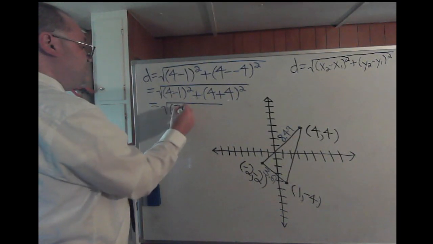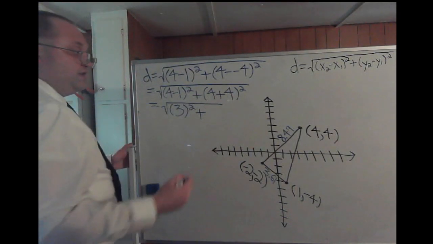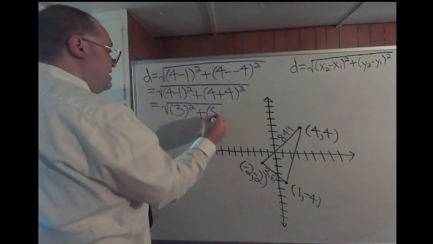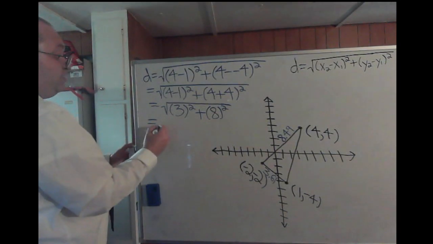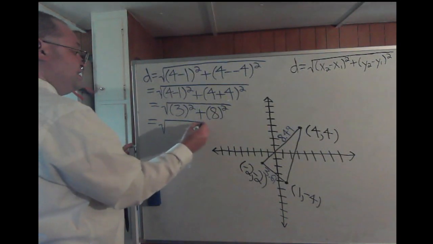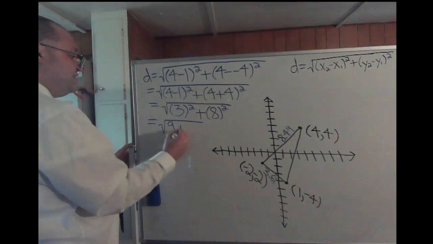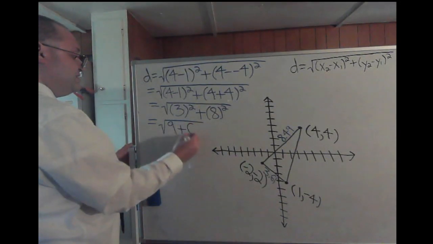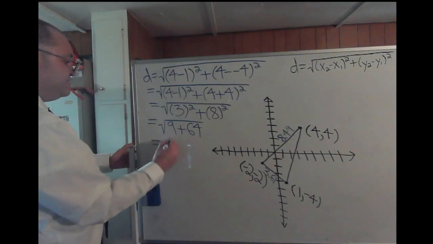So you'd have 3 to the second power. Plus that 4 plus 4 in parentheses, that'd be 8 to the second power. Which now, let's take the parentheses. 3 to the second power, that's 9, plus that 8 to the second power, that's 64, which 64 plus 9, that would give you 73.